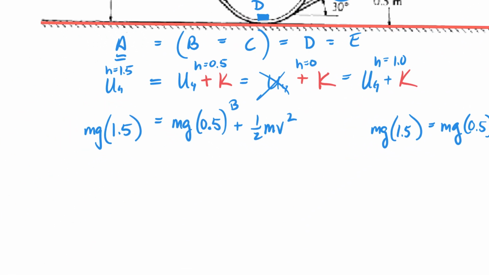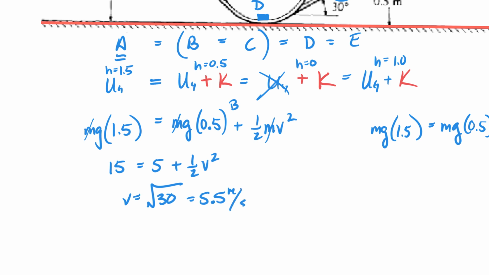So let's just do this one real quick. The m's cancel out because there's one in every term. So I will get 15 equals 5 plus 1/2 v squared. That looks to be v is the square root of 30, or 5.5 meters per second.